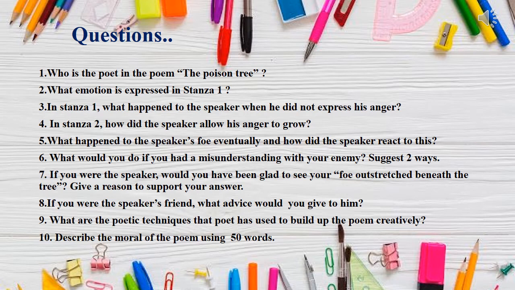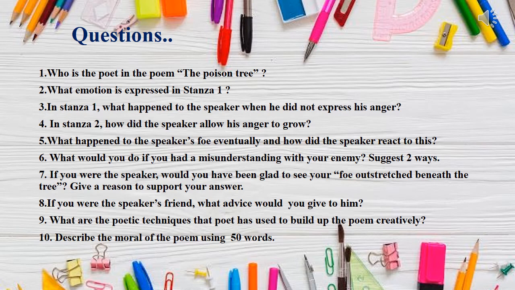In stanza 2, how did the speaker allow his anger to grow? What happened to the speaker's foe eventually, and how did the speaker react to this? So what happened to the speaker at the end? It's in the last quatrain, you can find it.